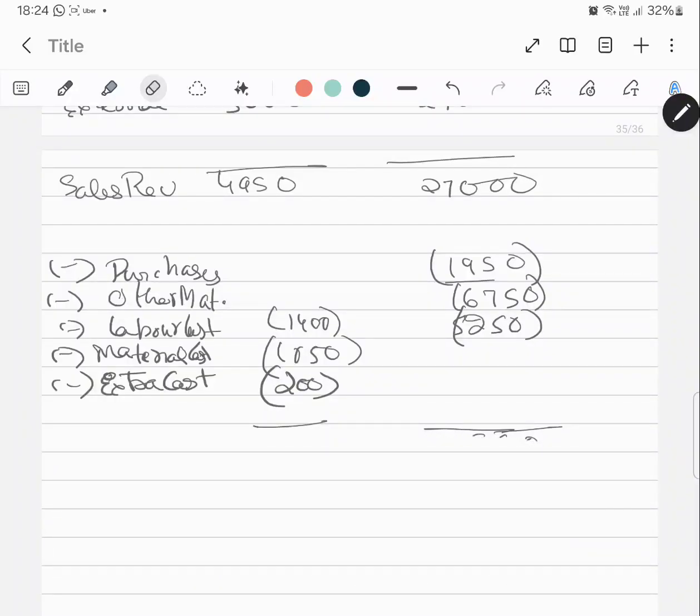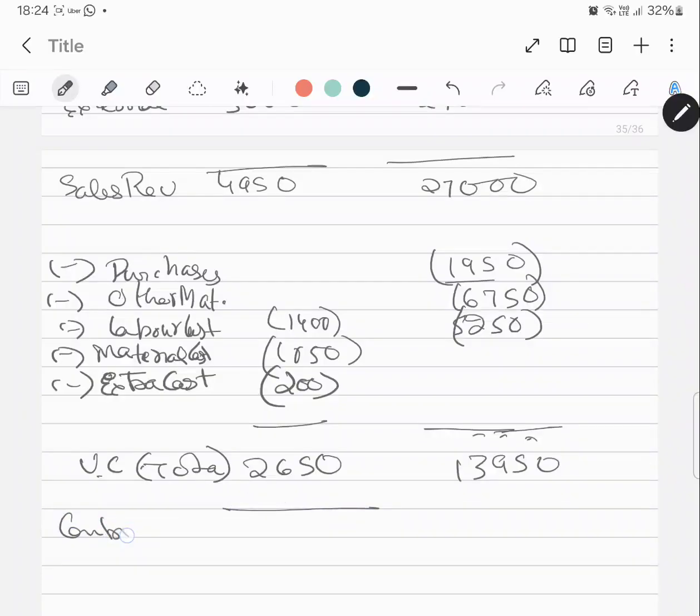This is what happens. So total variable cost is 2650, and this is 13950. This is total variable cost, total. Right, now what we will do, we will try to find contribution.